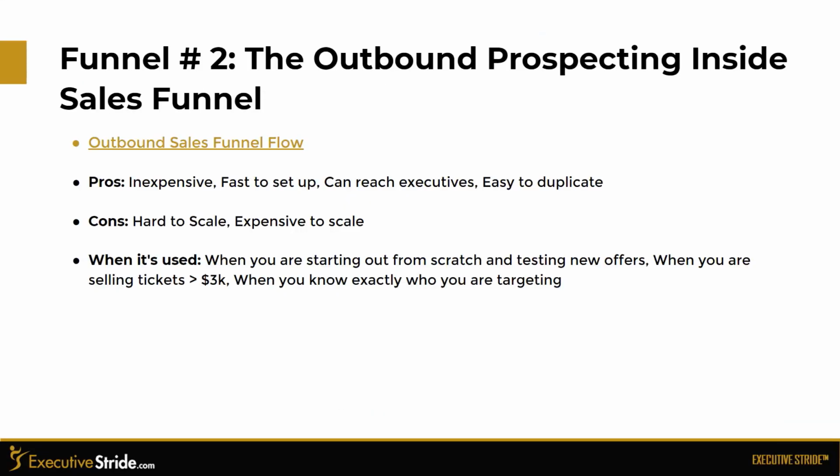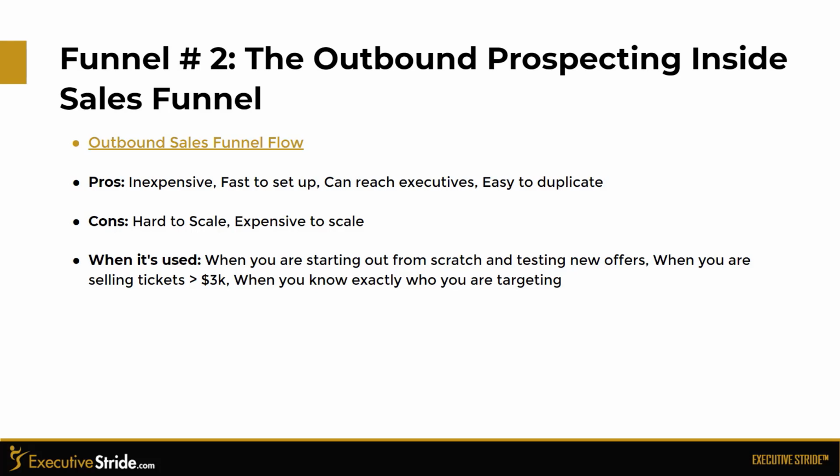All right, and the pros of outbound prospecting is it is inexpensive, it's fast to set up, you can reach executives, and it is easy to duplicate. The cons is it is hard to scale, expensive to scale, and when it's used is when you're just starting out from scratch and you're testing new offers, or when you are selling tickets that are higher than 3K and you know exactly who you are targeting.